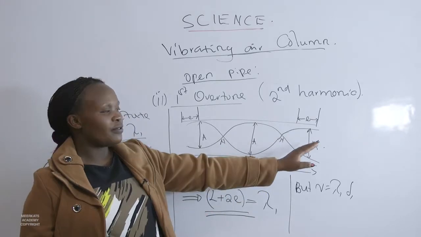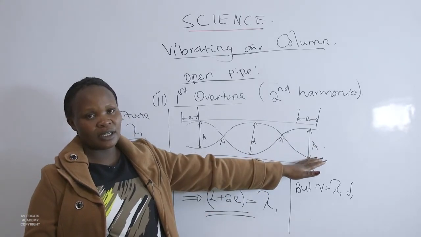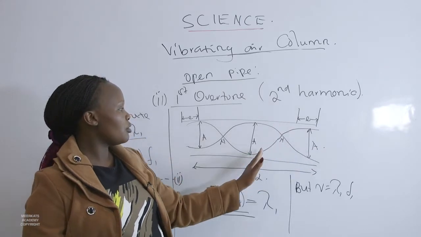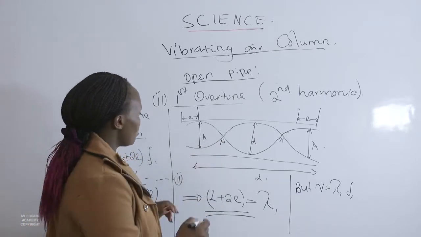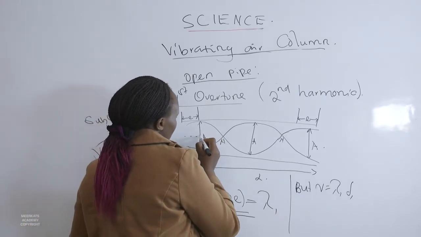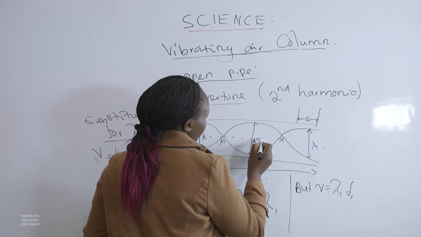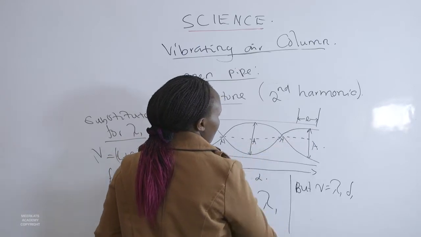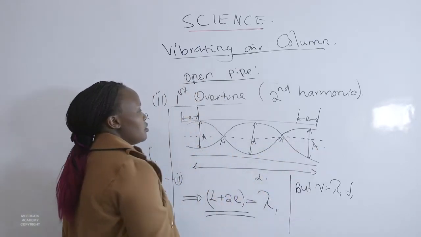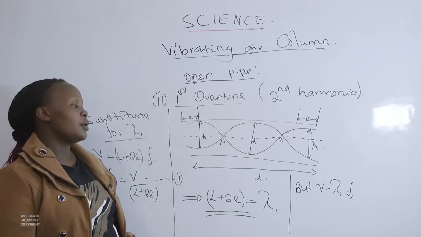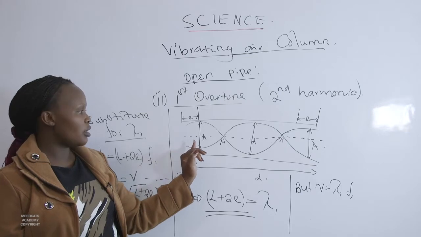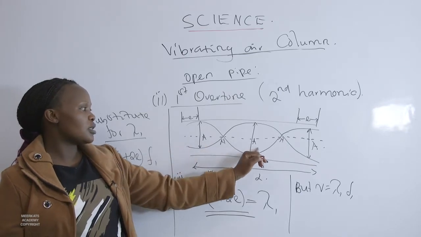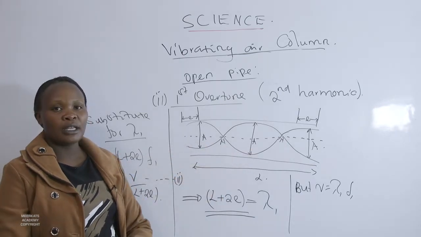Reaching the far end, it is reflected so that it superimposes itself on the first one, and that results in a stationary wave, characterized by a series of antinodes and nodes.